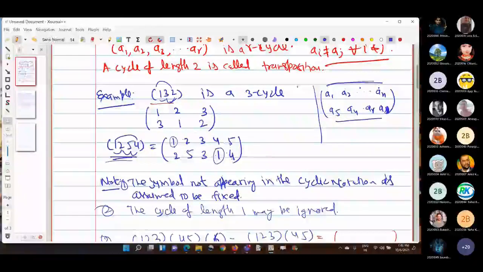So that is 1, then 2, then 5, then 4. So alpha to the power 4 of 1 will be giving us 1. Are you getting this one?